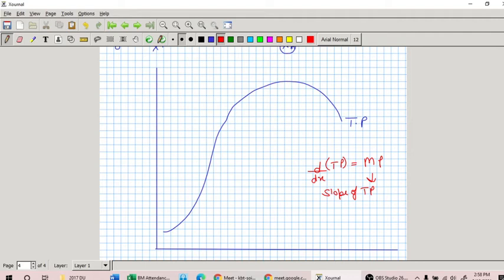Now we know that at this point the slope is increasing, but after this point the slope started to decline. It means the value of this MP will decline, or we can say that after this the slope of MP starts becoming negative.